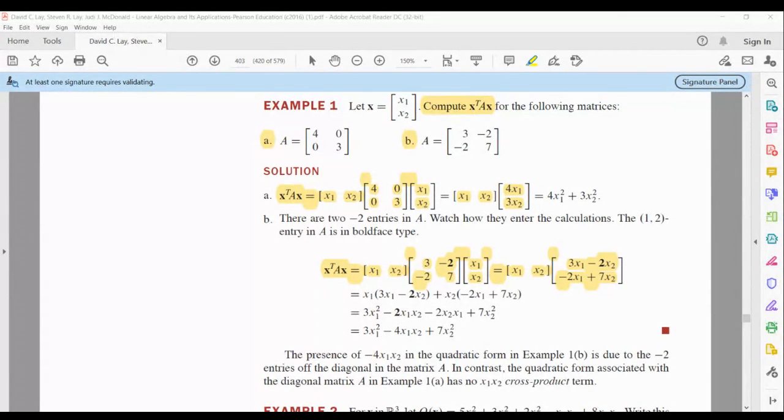The matrix A times the vector x gives you the vector with components 3x1 minus 2x2 and -2x1 plus 7x2.